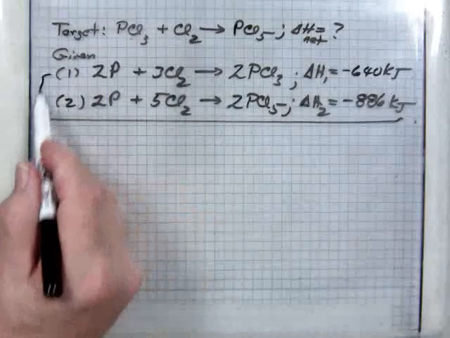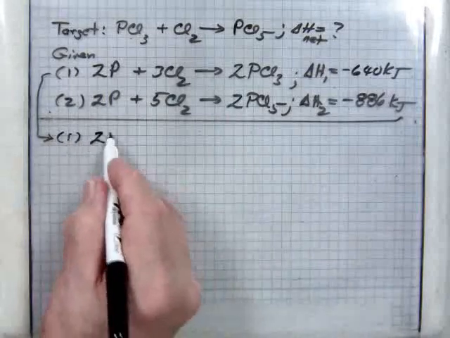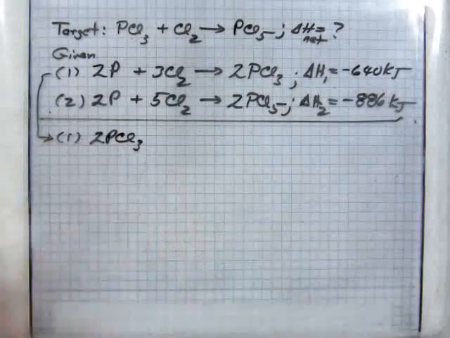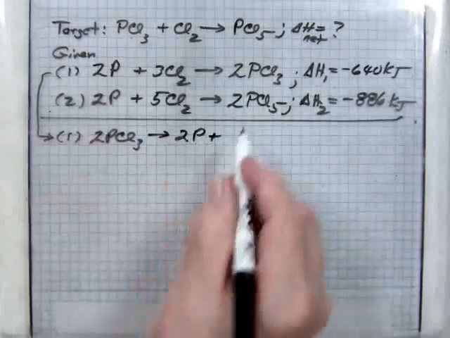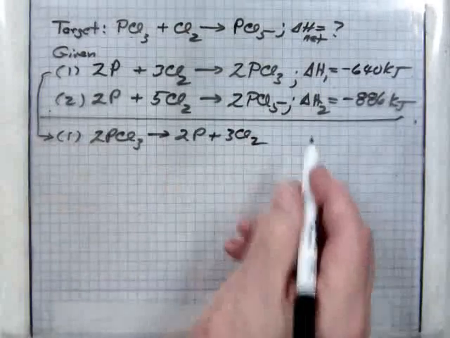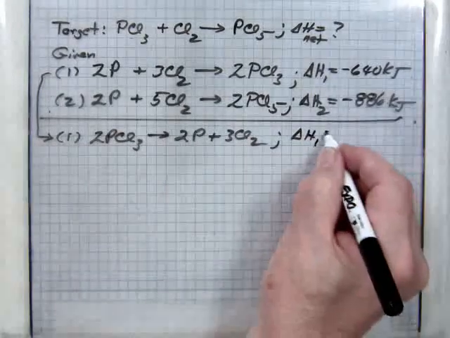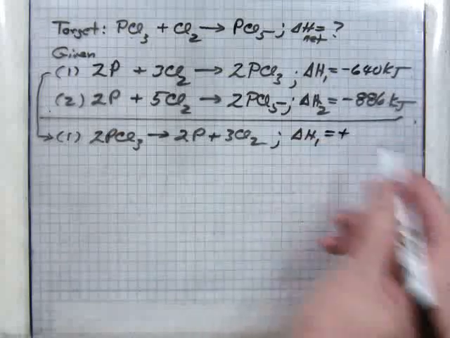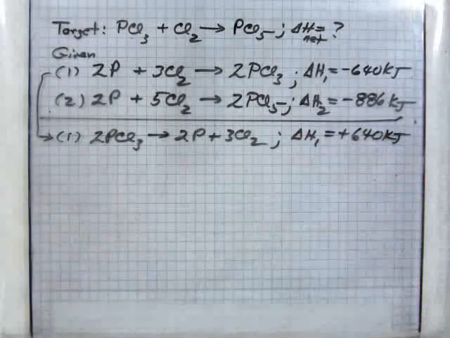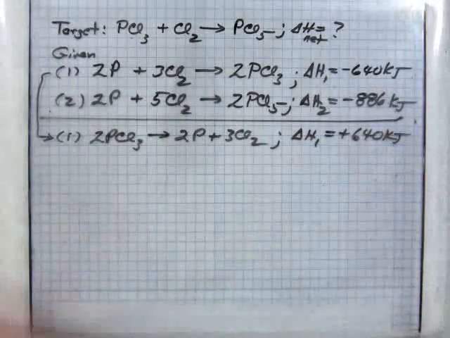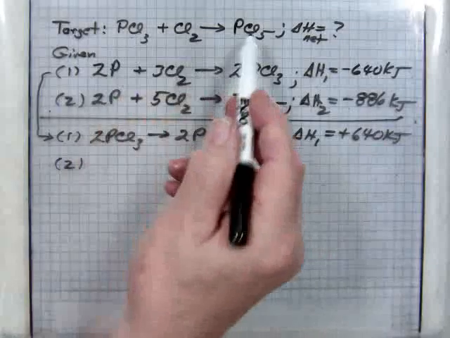So number 1 has to be reversed to 2 PCl3 going to 2P plus 3 Cl2, and the delta H becomes endothermic. I'll put a plus in there for effect. Then we need to add that to the second reaction to get the target reaction.